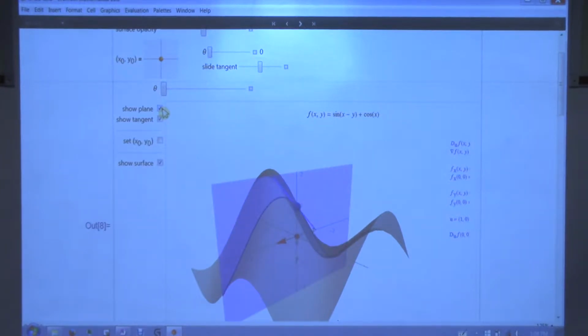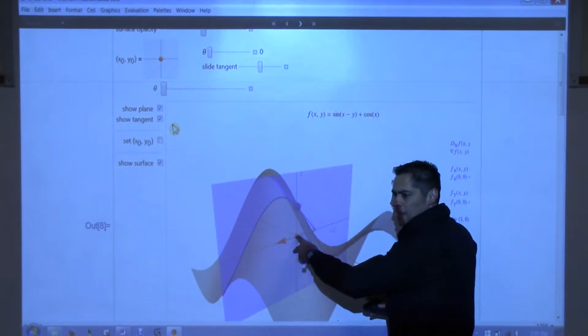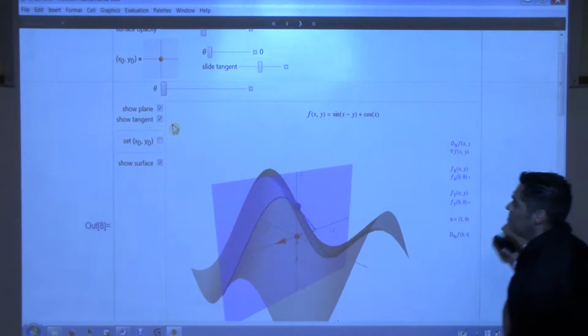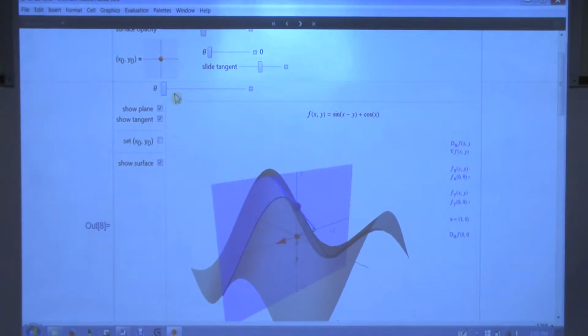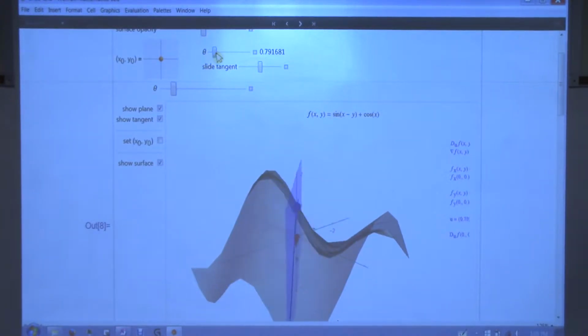There it is. Now, today, what we're going to do is use this arrow and rotate it arbitrarily. See how this spins around like this?